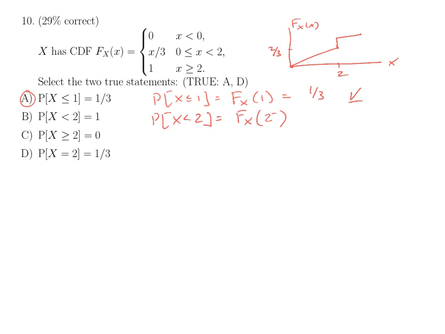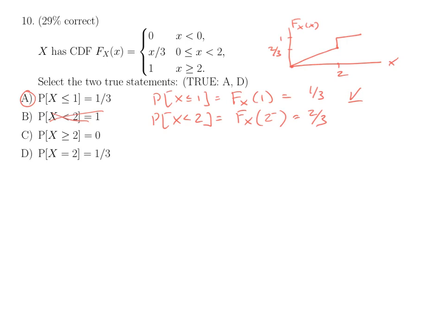So this is testing whether you knew that when you have this jump, the strict inequality, x strictly less than 2, is this limit from the left, the limit where you're just a little bit below 2. And so this is equal to 2/3. So this statement is not true.